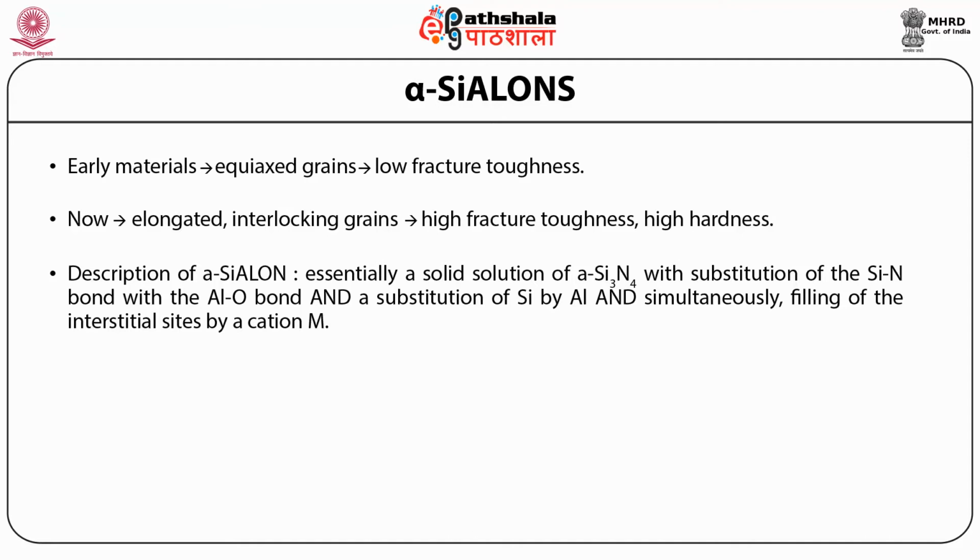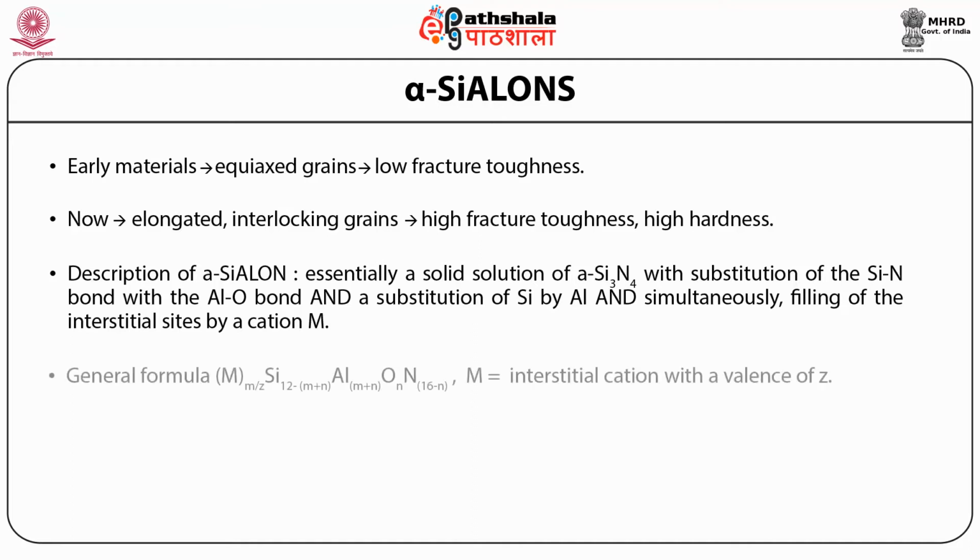In addition, there is substitution of silicon by aluminium and simultaneous filling of the interstitial sites by a cation M. It has a general formula M(m/z) Si(12-m-n) Al(m+n) On N(16-n), where M is the interstitial cation with a valence of Z.